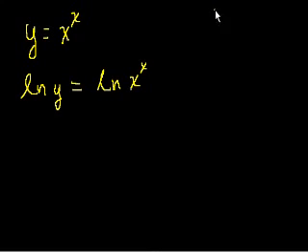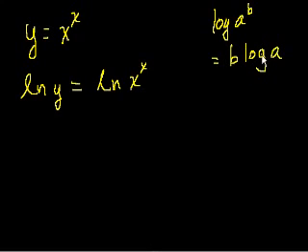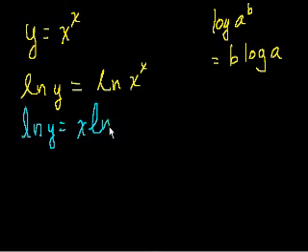We know that log of a to the b is equal to b log of a. Right? And you could watch the exponent properties videos if you forgot that. So let's rewrite this using this property. And I'm going to switch colors. So we get the natural log of y is equal to x times the natural log of x.